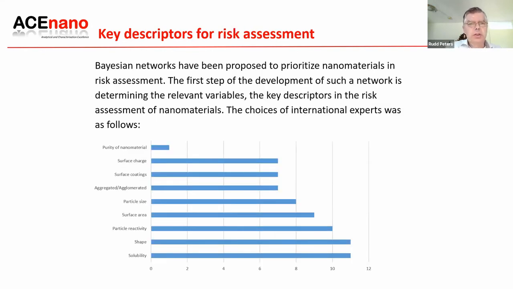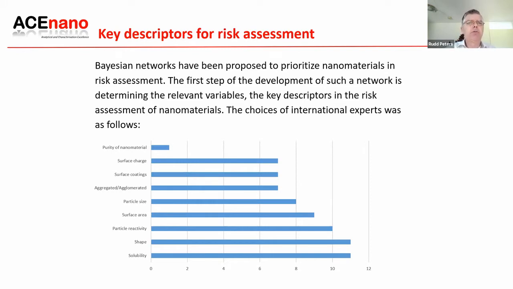The second was the key descriptors for risk assessment. And then we have to determine which are, of course, the important key descriptors for risk assessment. Well, in a recent study, expert consultation was used to determine which key descriptors are relevant for risk assessment. And the results of the survey, which is being published, are also shown on this slide.